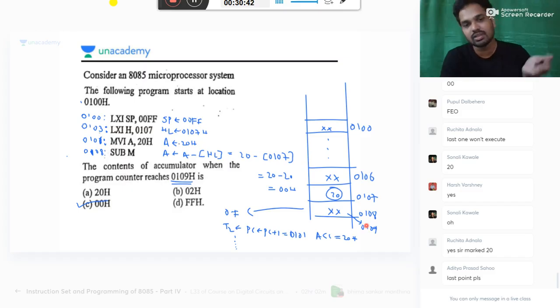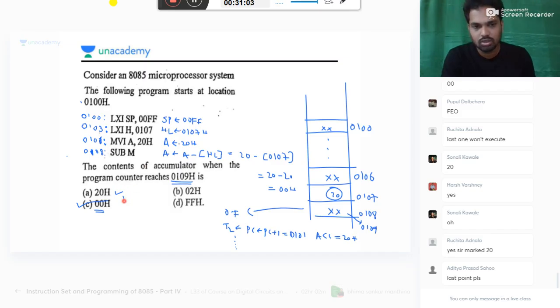Actual subtraction takes place in the next clock only. But he has not shown the next thing. So you assume after the end of this complete instruction, what is the answer? We should not take the intermediate result. We should write the final result. So in that way we opted for this, but even this is also the right answer.